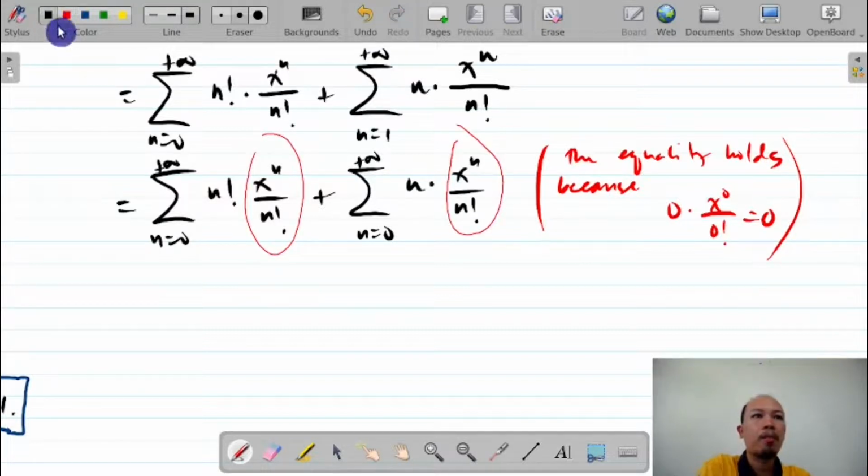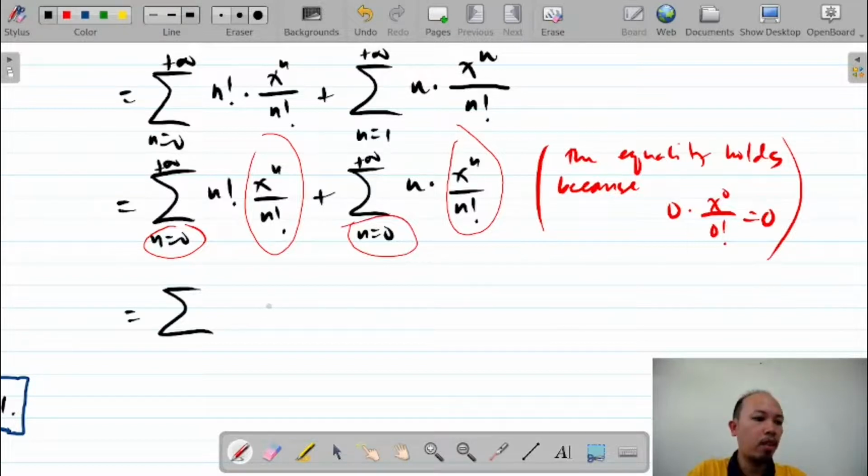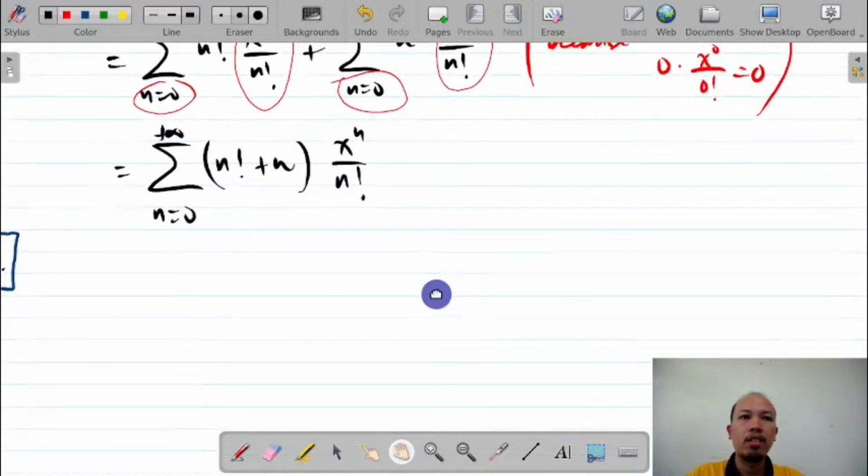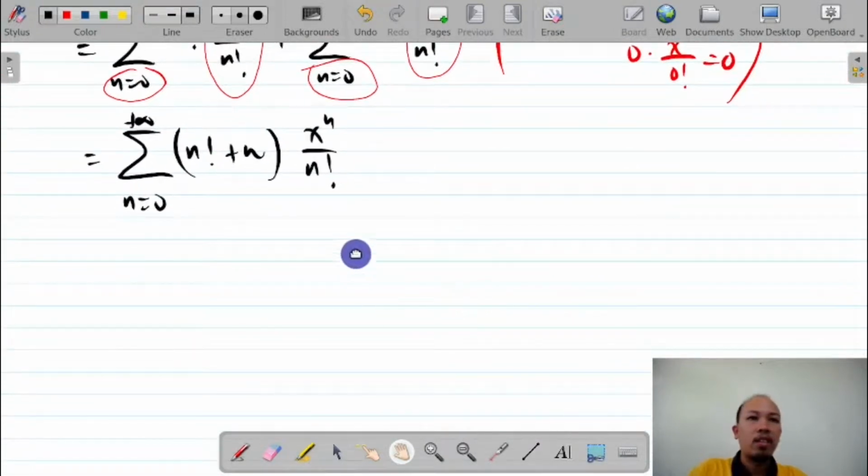So we can factor out, and also notice that they are just the same index, so we can simplify further as n factorial plus n times the quantity x to the n over n factorial, n starts from 0 to positive infinity. We are almost done.